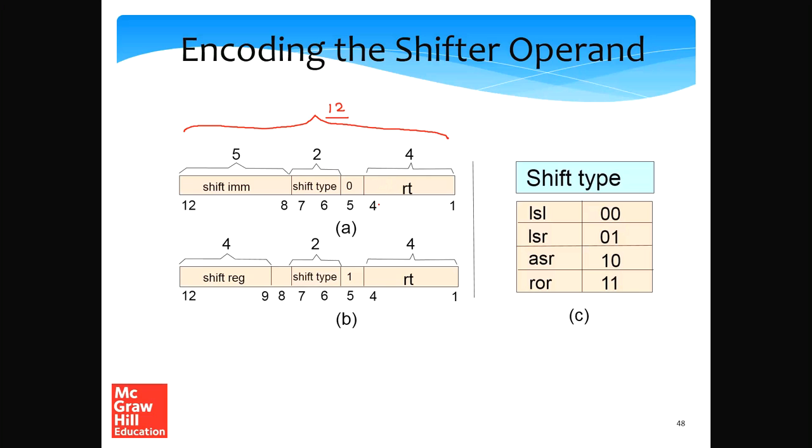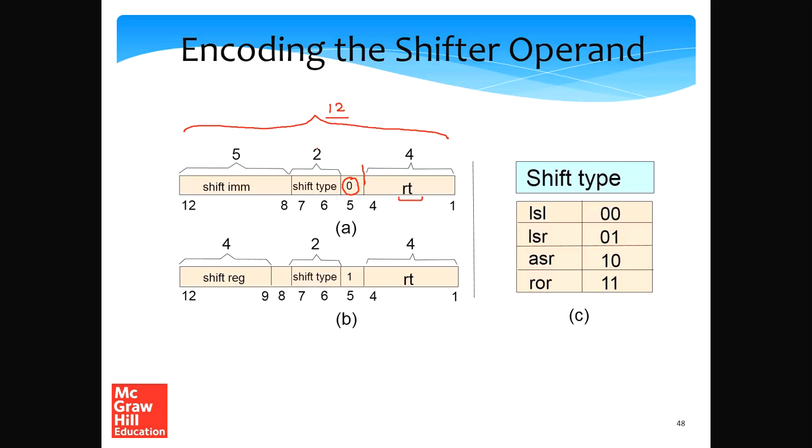One option is that we are shifting a register by an immediate value. This register is specified as the lower 4 bits, called register RT. The fact that we are shifting it by an immediate value is encoded in the next bit, which if it is 0 means we are shifting it by an immediate value.